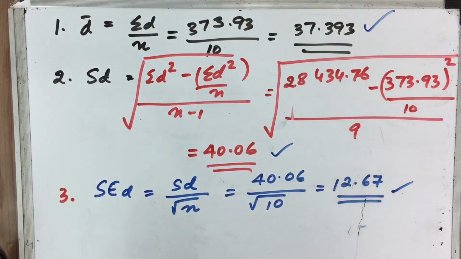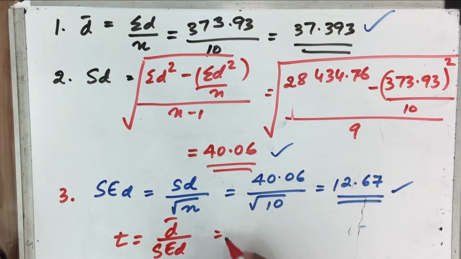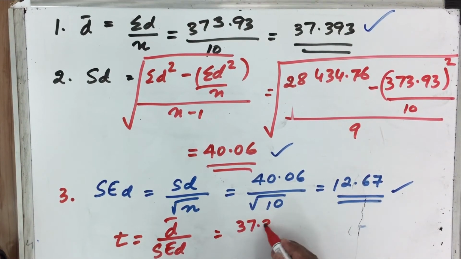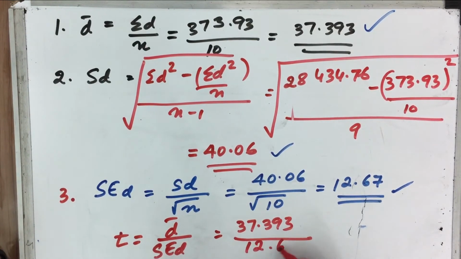Okay, now finally we come to the formula, that is T is equal to d bar divided by the standard error. So this is equal to d bar we have got, that is 37.393 divided by standard error, that is 12.67.